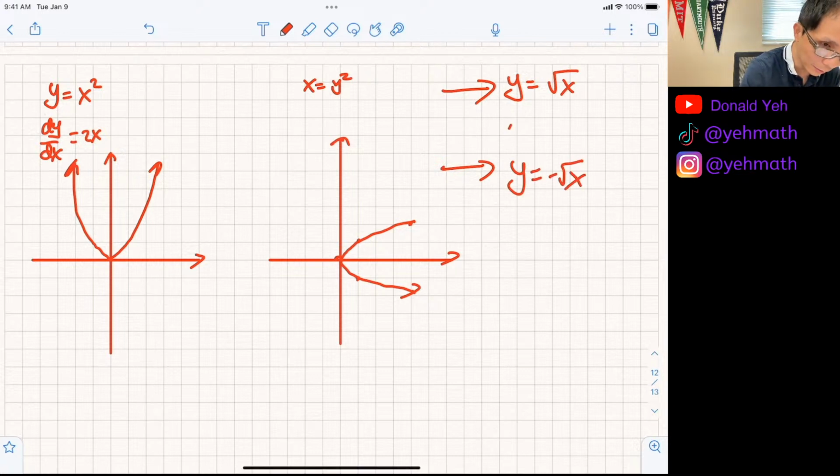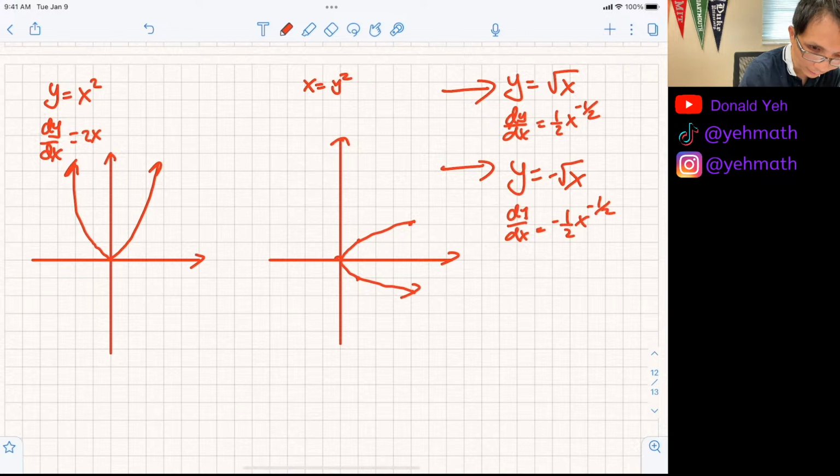Then I can take the derivative with respect to x: dy dx is equal to 1/2 x to the negative 1/2, and dy dx is equal to negative 1/2 x to the negative 1/2.